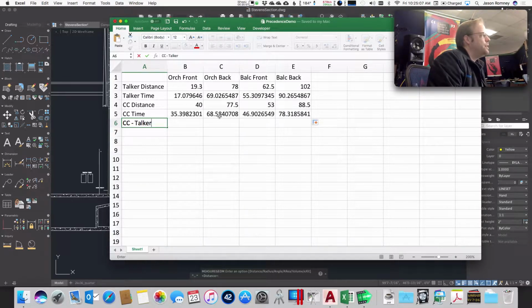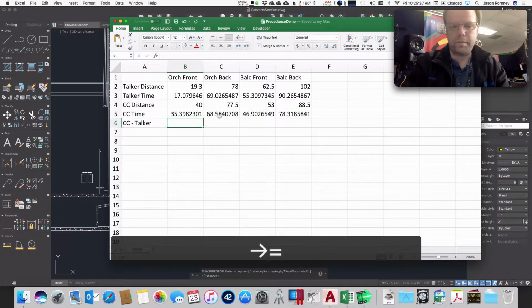So if that's happening, and I do center cluster minus talker, I should get a positive number that represents the amount of time that the talker arrived first, for those seats. If I get a negative number, then that means the center cluster arrived first, right? So let's just see how that works.